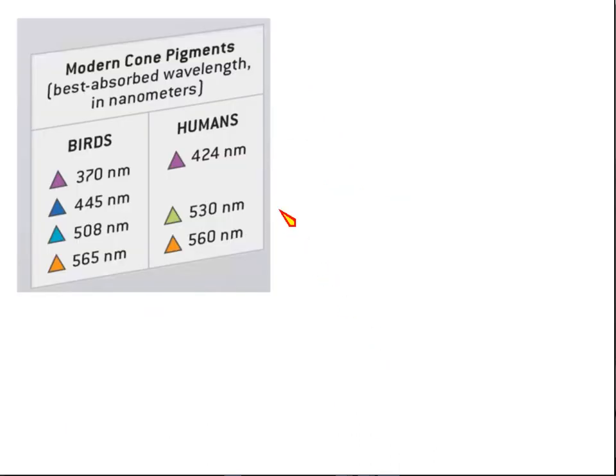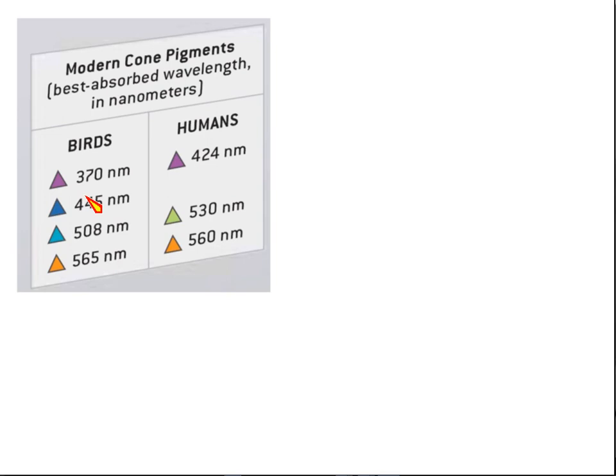That's for humans, but birds have four types of receptors, and not only can they see ultraviolet, that's an advantage, but there is another more subtle advantage, which is the fact that their color vision is four-dimensional, whereas ours is three-dimensional.